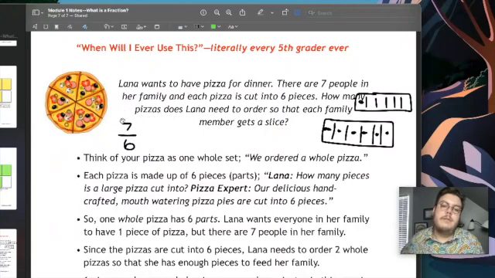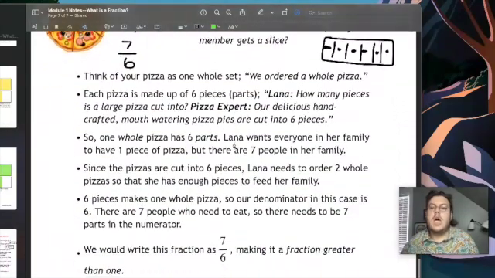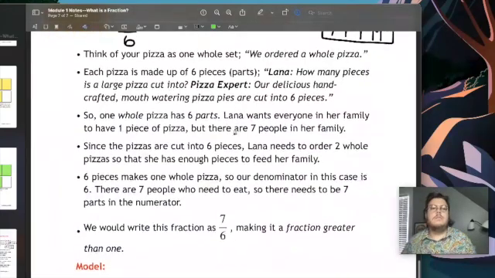We have 7 family members. 1, 2, 3, 4, 5, 6 of them could eat off of the first pizza. And Kevin, just because he had to have pizza too, has 1 slice on the second pizza. Then they have 5 pieces left over. So I guess that's okay. Lana can take it for lunch tomorrow.